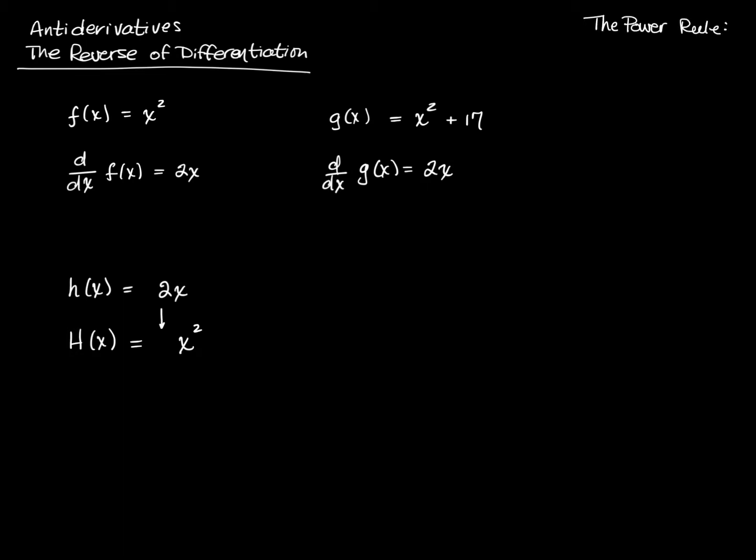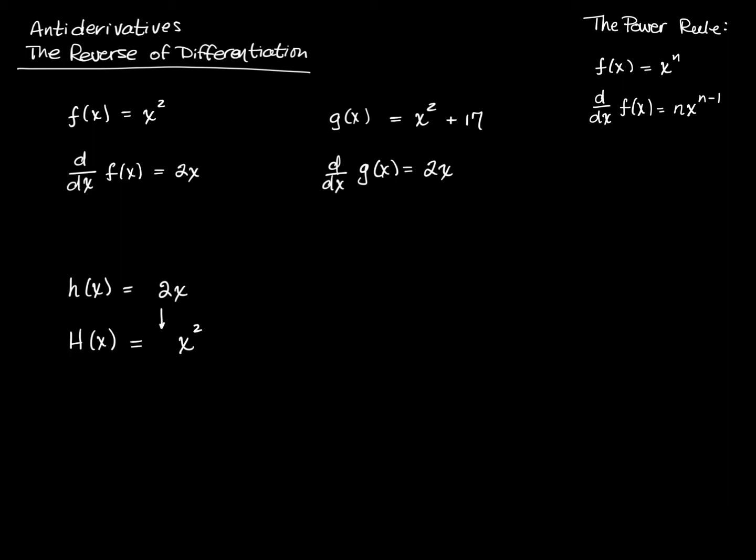The power rule says that if f of x equals x to the n, then the derivative of f of x equals n times x to the power of n minus 1.